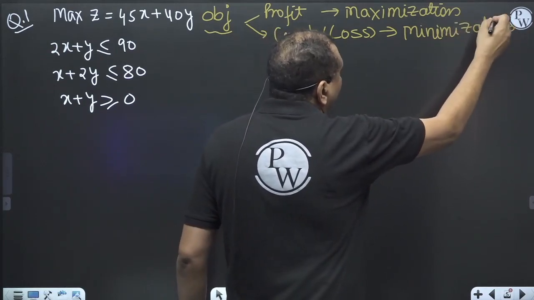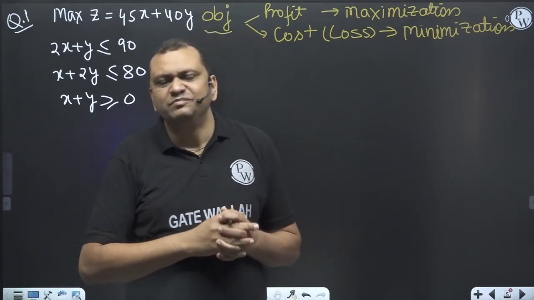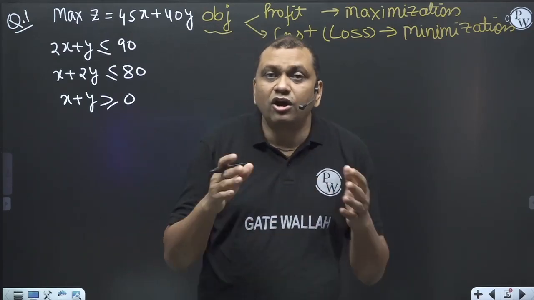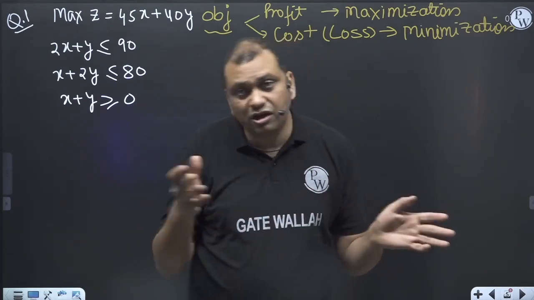So in the graphical method, the objective function can be of maxima or minima.